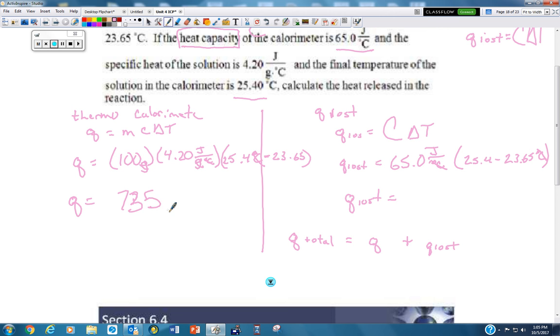I ended up with 735. I'm wondering if you maybe put in a temperature wrong or something.